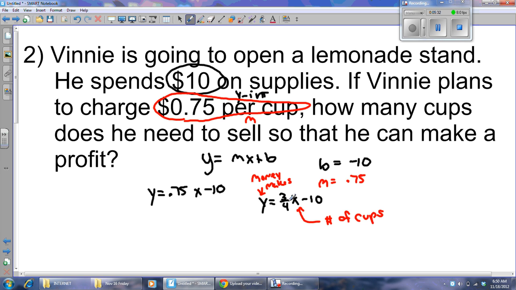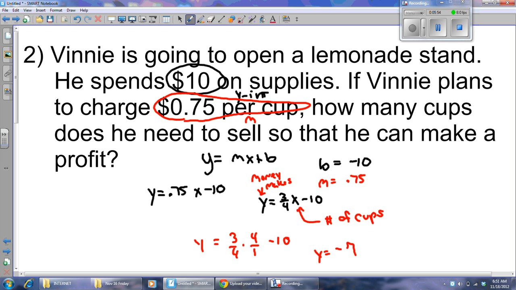At the end of the day, he's made negative $10. He's lost money, right? If he sells 4 cups, well, you do 3/4 times 4 minus 10, right? And that's going to tell you that he's lost $7.